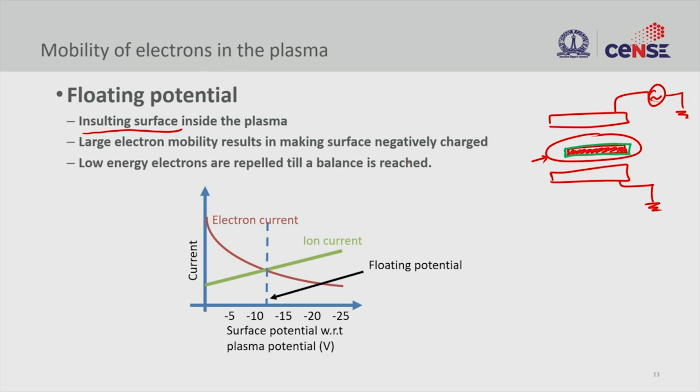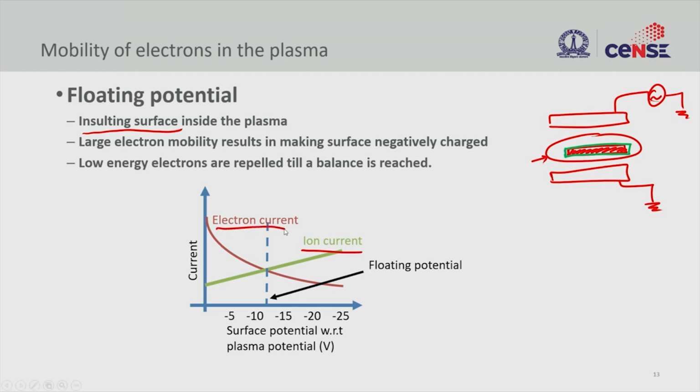It is very important to note that the insertion that we do is not grounded. So all the electrons will accumulate and you will have a negative charge, and once you generate this negative charge in this insulator, you are going to attract positive ions. So now you are going to start to see ion current. Initially you only had electron current.